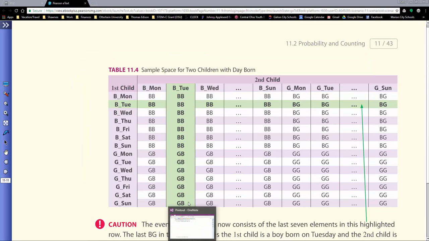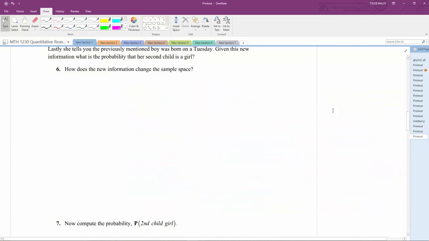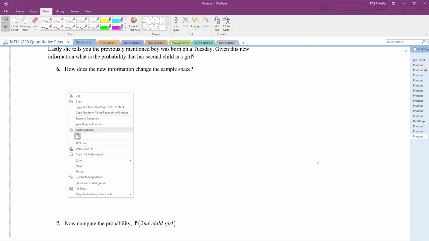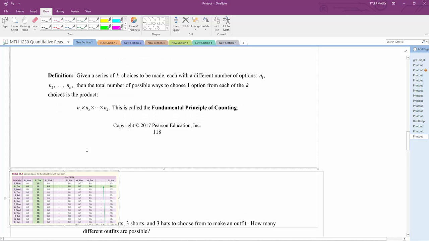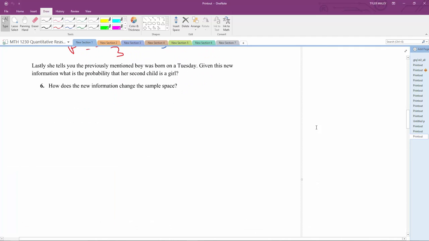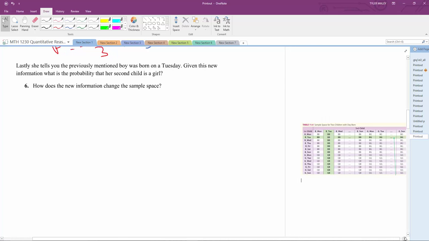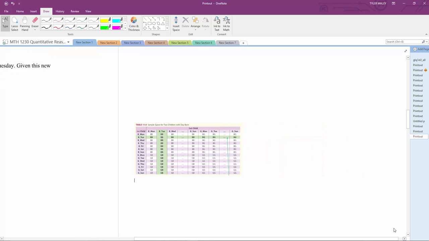So this is table 11.4 on page 1111. So I would check out that table, because we're going to need this. So let me go over to the right here, and I'll blow this up for us.